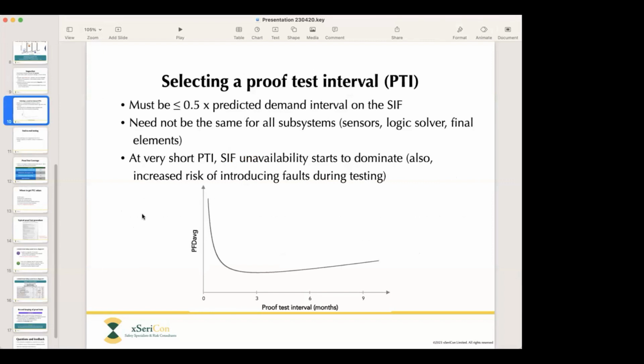Now, another thing we need to consider is what is the appropriate proof test interval? The proof test interval, of course, we want to be in some ways as long as possible, because proof tests are disruptive to the process. They cause disturbance to the equipment, so we should ideally do them as little as possible. They're also expensive because it costs manpower, not only to physically do the test, but also to document the results and to analyze.